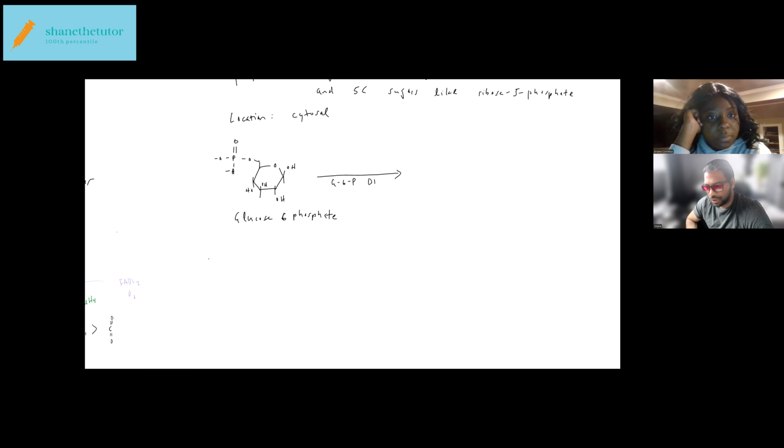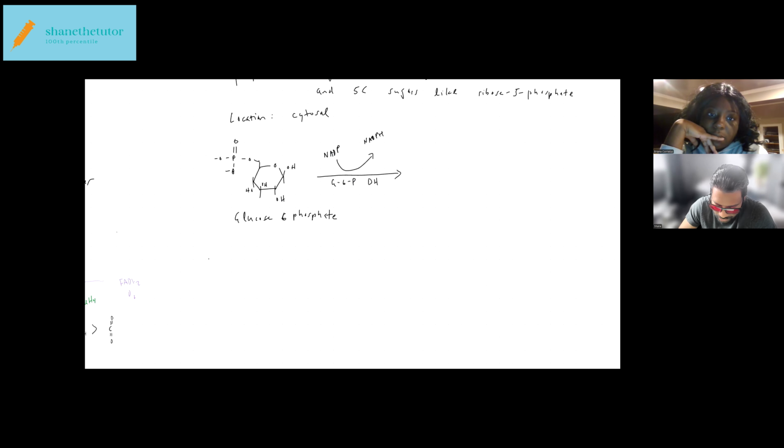And remember your enzyme classes, that's an oxidoreductase, right? NADP will be the one that gets reduced to NADPH, which means that the glucose 6 phosphate must be oxidized.